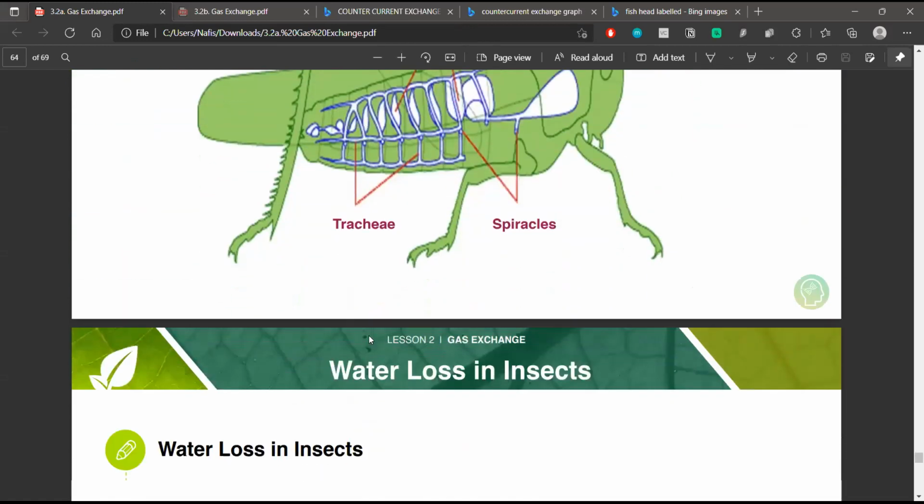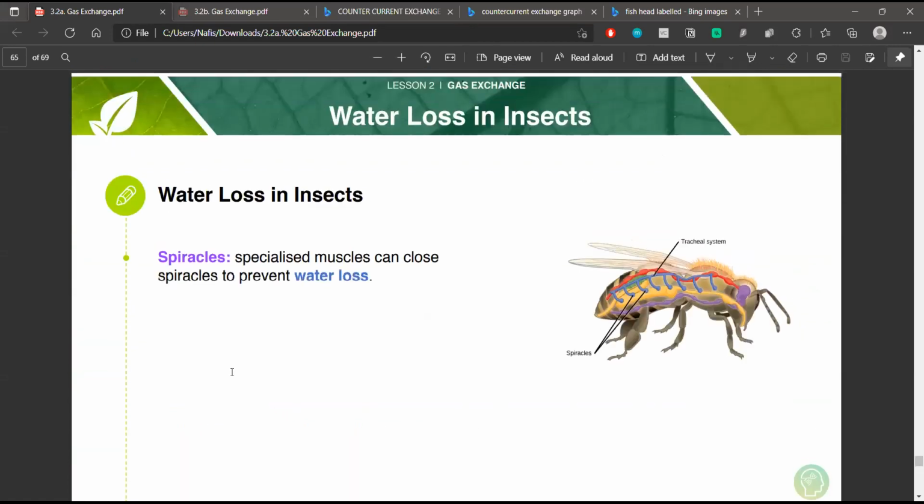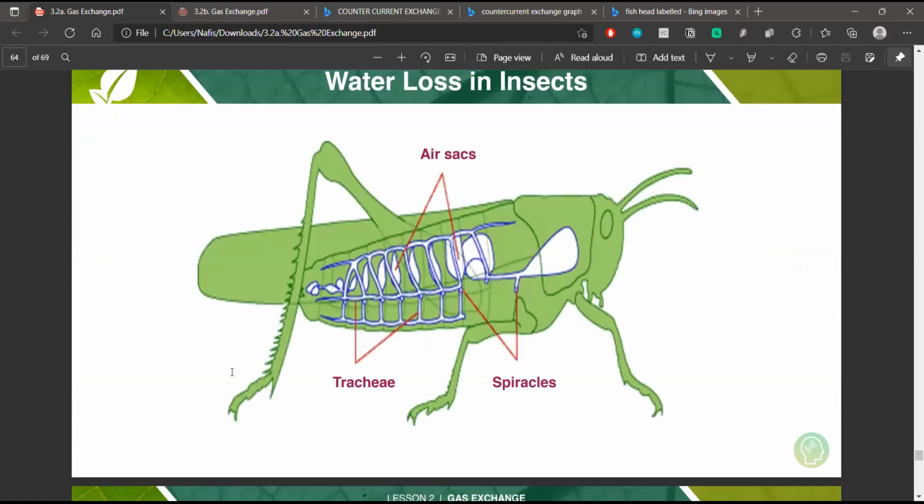Again, water loss in insects is through spiracles. Let's think about some potential adaptations. Bounce them off what you're thinking about how we reduce water loss in insects based on what you've just learned. So give me some ideas.